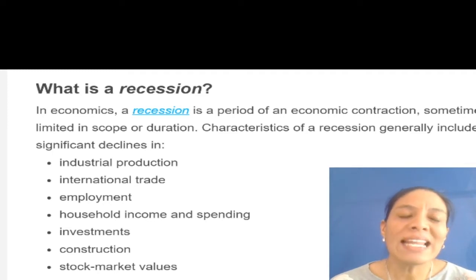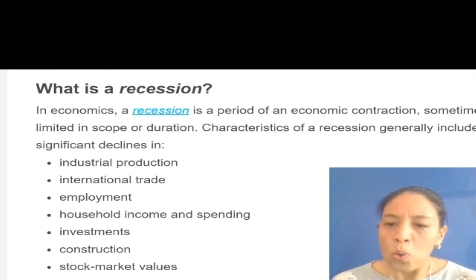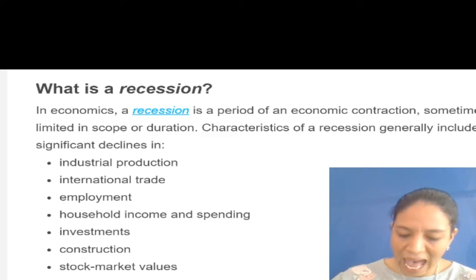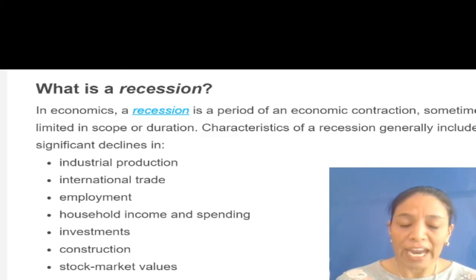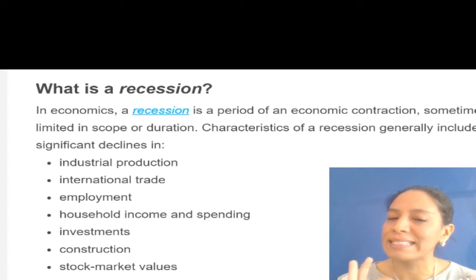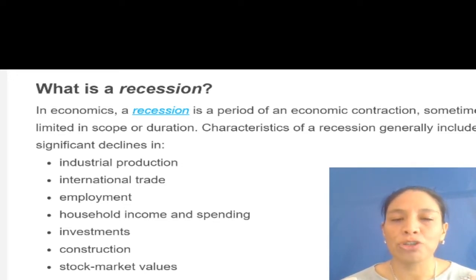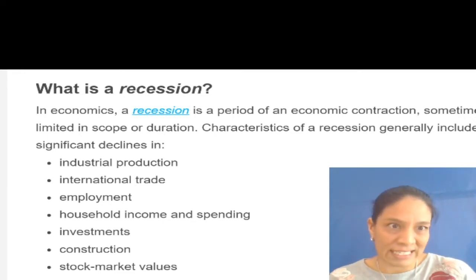Okay, so let's talk about the recession. Now, we saw in our graphs previously that when we have a trough, it may only be a downside. It may only be like a down lump, okay? But when it's prolonged by 2 trimesters, that means 6 months, we can be speaking of a recession, okay?